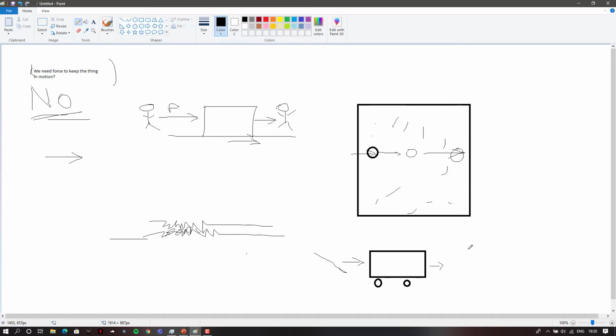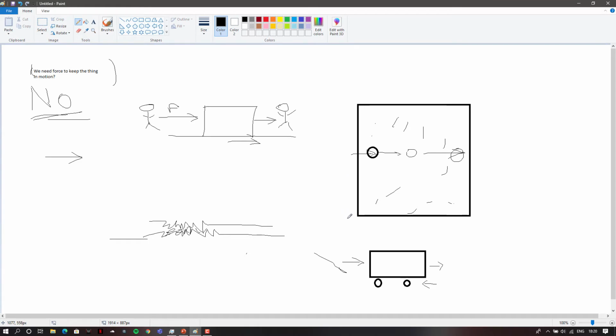After going a certain distance, it will stop, because friction will be acting in this direction. Friction will be causing it to stop. Most of the things that are stopped in our day-to-day life are stopped by friction.